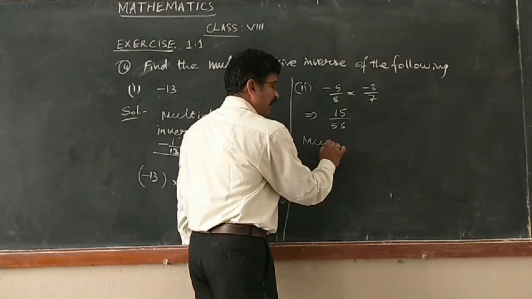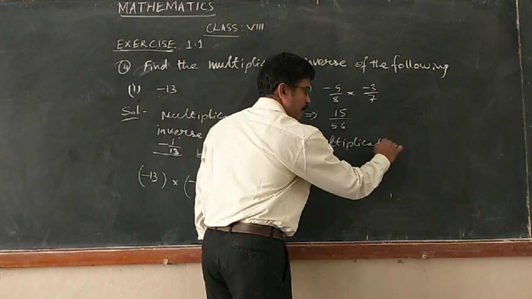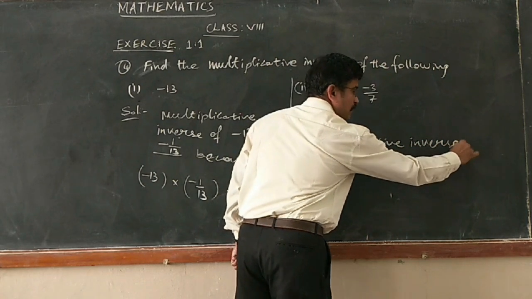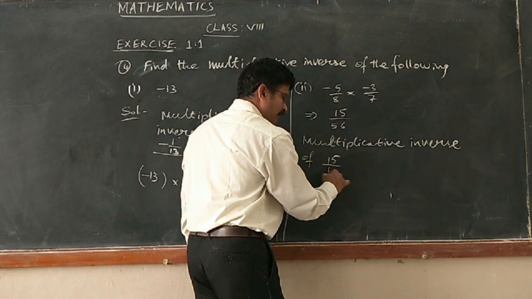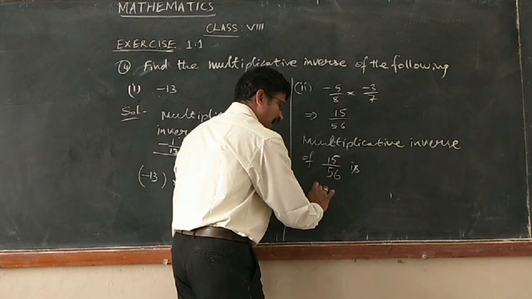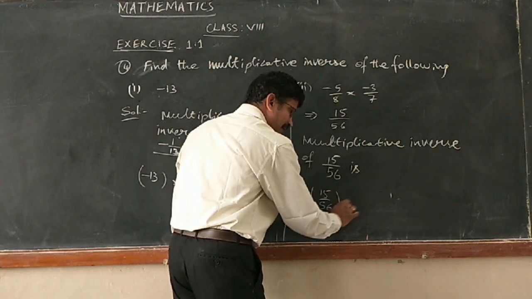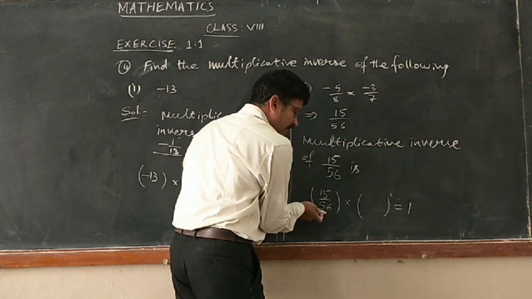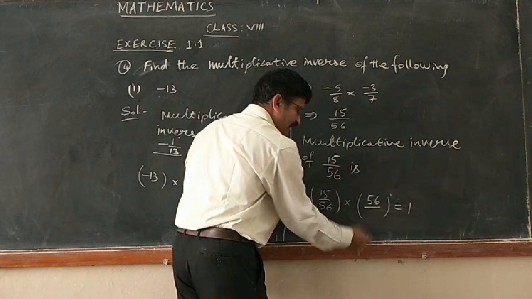The multiplicative inverse of 15 upon 56 is, I have already told you a very simple technique, that is making the denominator the numerator, and the numerator the denominator.